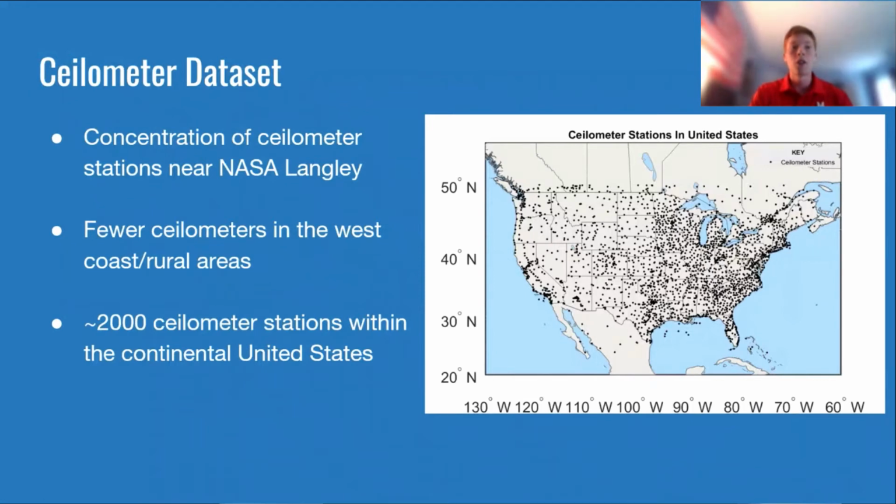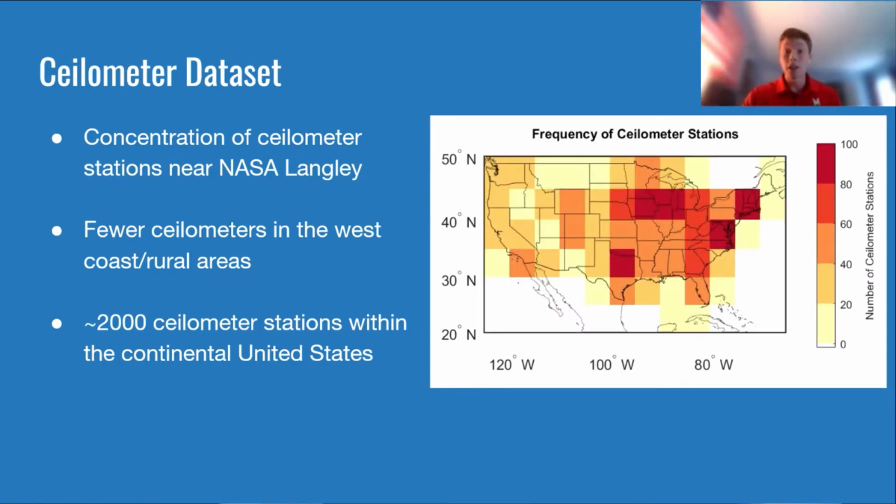So these are all the ceilometer stations in the United States. There's a few that sort of leak into Canada and Mexico. But it's important to note that there is a large concentration near the areas I spoke of. Near Langley, you have a large amount of ceilometer stations. In that Florida area, in eastern Michigan, northern Ohio, there's a good amount.